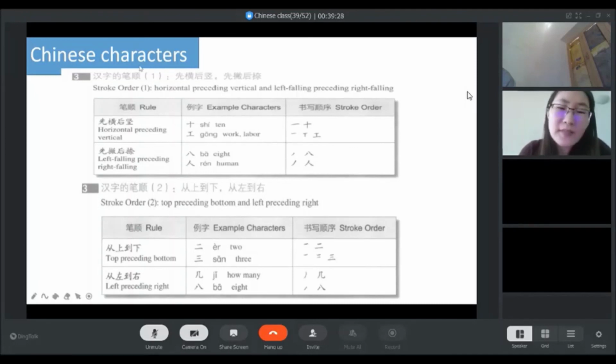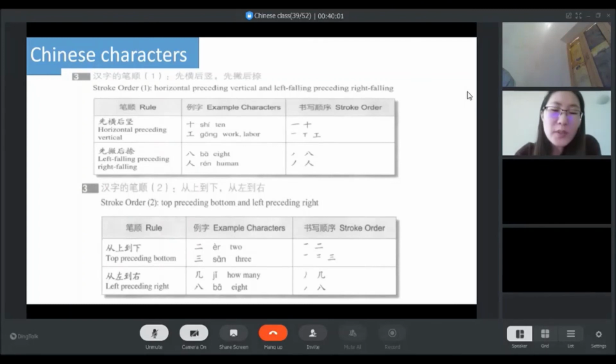So we write 横 first and 竖 later. And we also write from the left first and then right. So when you write the Chinese character, we write from top to bottom, from left to right.